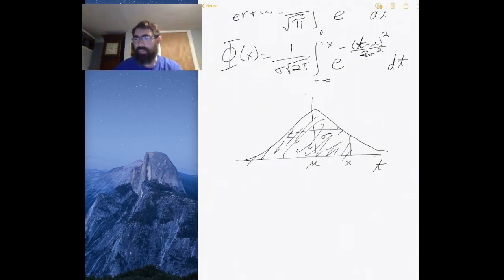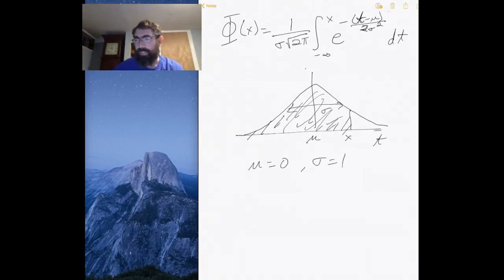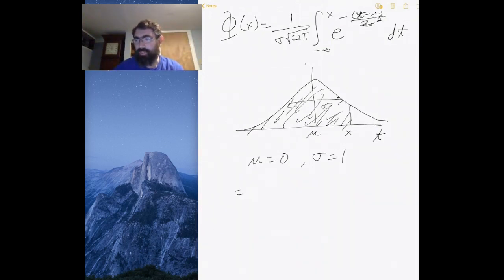So the interesting thing is that if I was to set mu equal to 0 and sigma equal to 1, then what I would get is 1 over the square root of 2 pi, the integral of minus infinity to x, e to the minus t squared over 2 dt, which looks a lot like the error function.